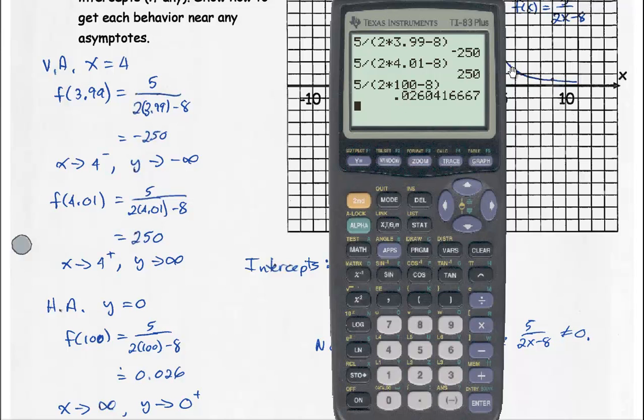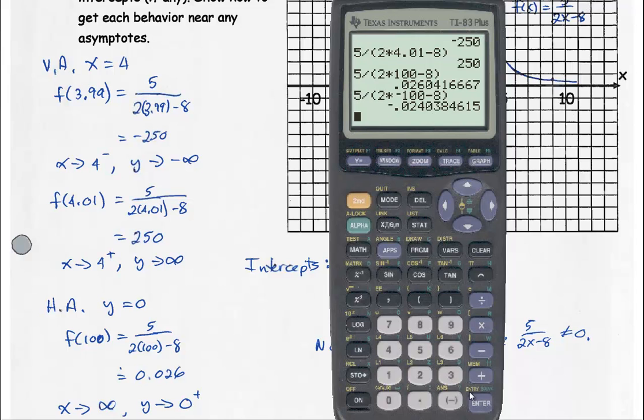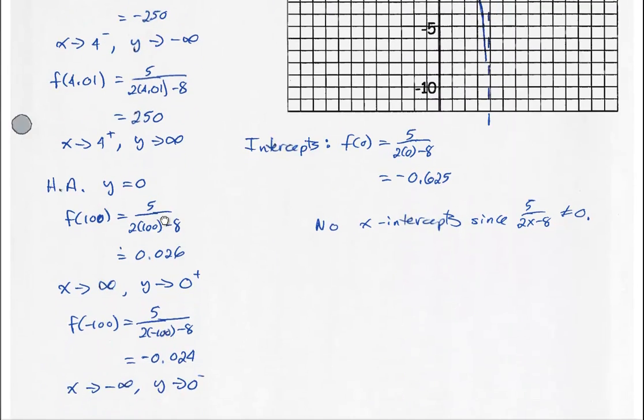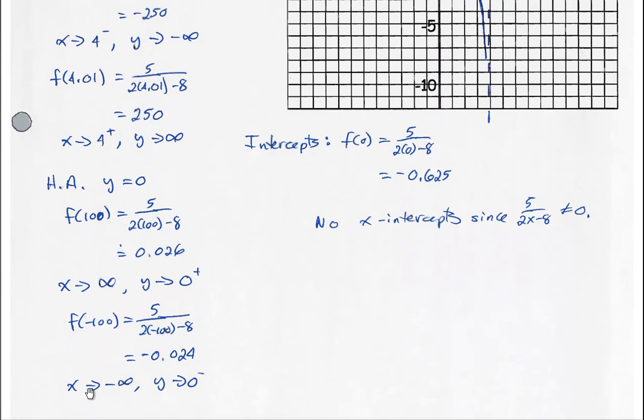So that's why the function, as you go to the far right, is staying above 0. And to do the negative, all we'd have to do is substitute a negative in here. And so notice that it's getting close to 0, but it's negative. And so that's this one here. So as you approach the far left, y is approaching 0 from below.